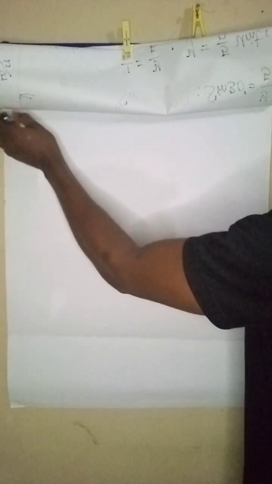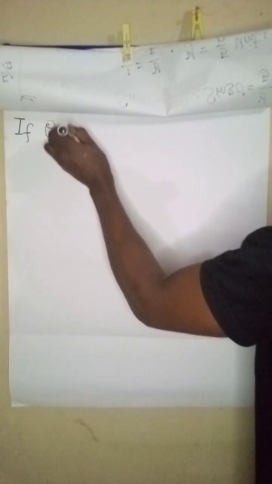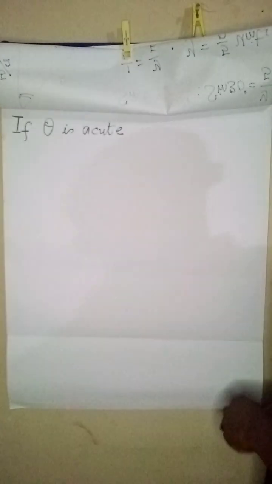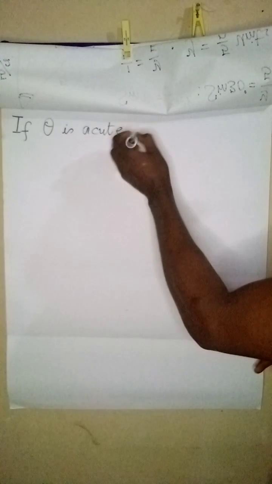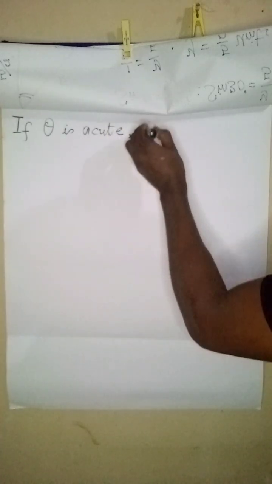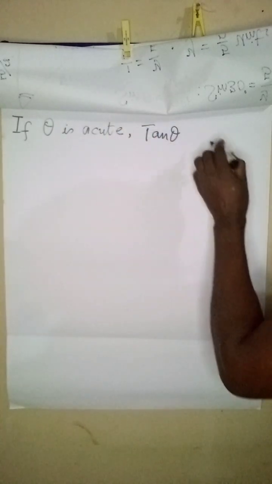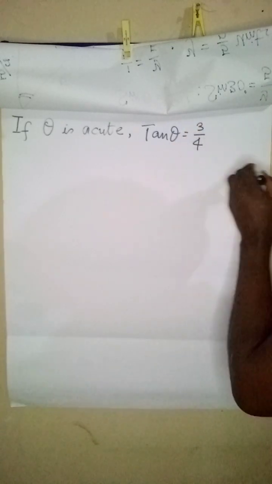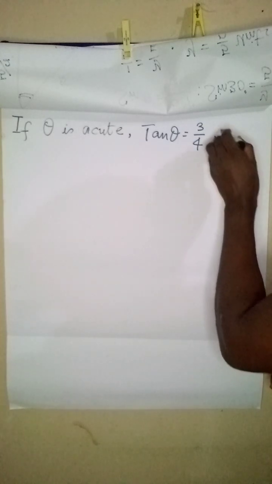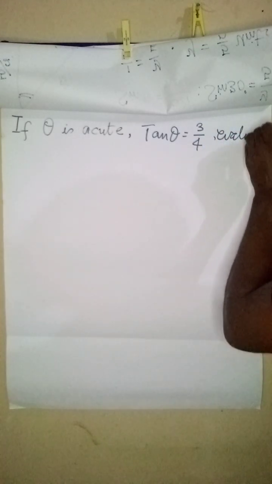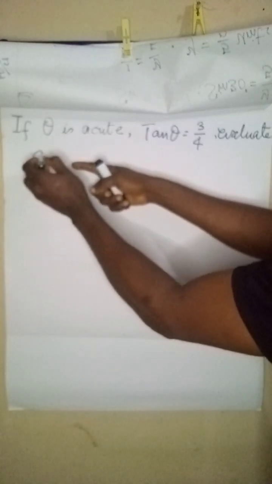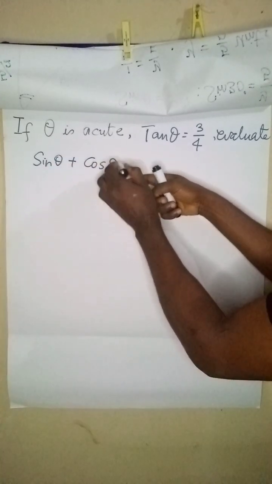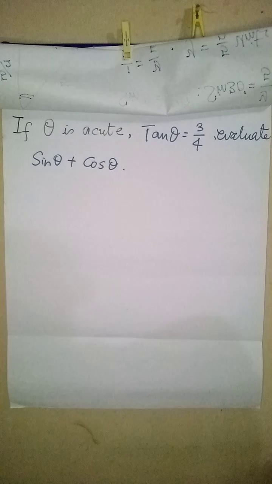So the question is saying if theta is acute, and we have tan theta equals 3/4. We are to evaluate sine theta plus cos theta. So that is the problem right there.